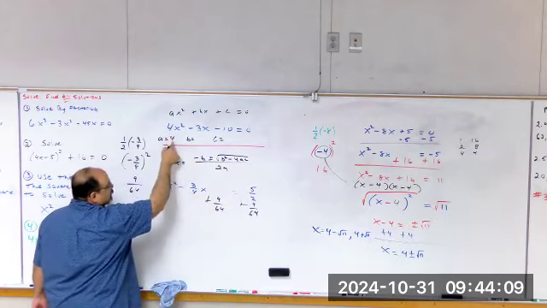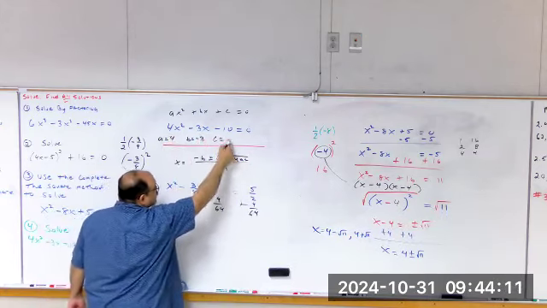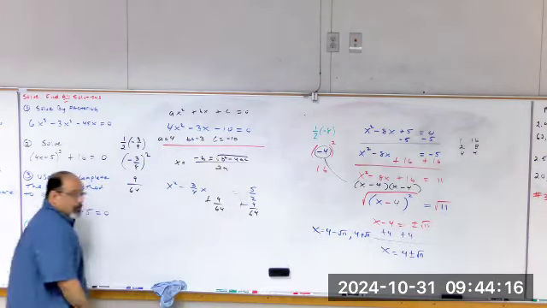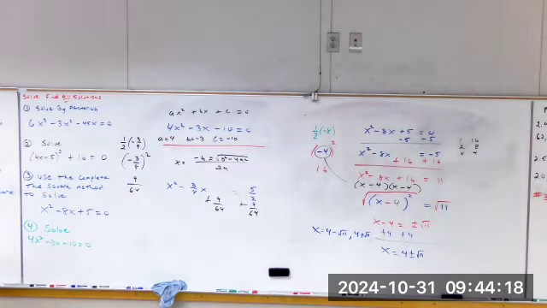And plug in: A is 4, B is -3, and C is -10. Plug it into that formula for A, B, and C and simplify. But you gotta know it by heart.